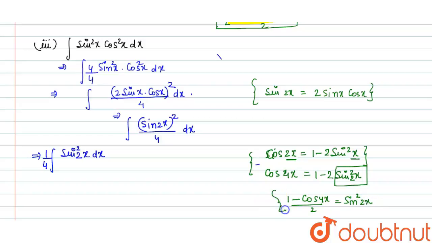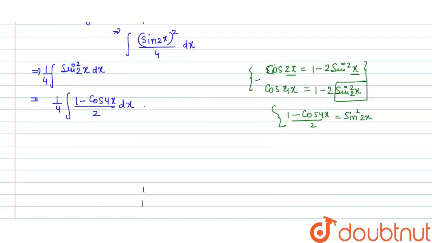Now here we will use it to solve this question. So we can write it 1 upon 4 and 1 minus cos 4x upon 2 dx. Now it is easy to integrate this. We can take 2 as common, so it will become 1 by 8. Integration of 1 minus cos 4x will become exactly like the first part.